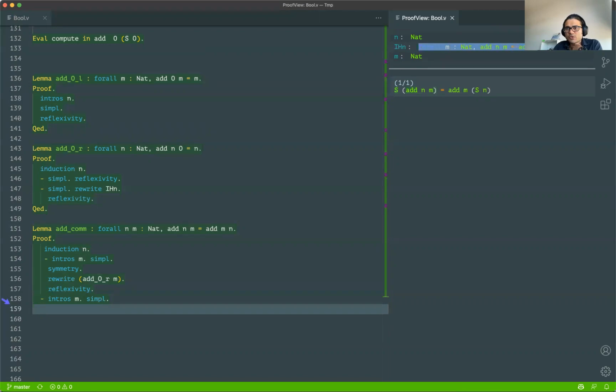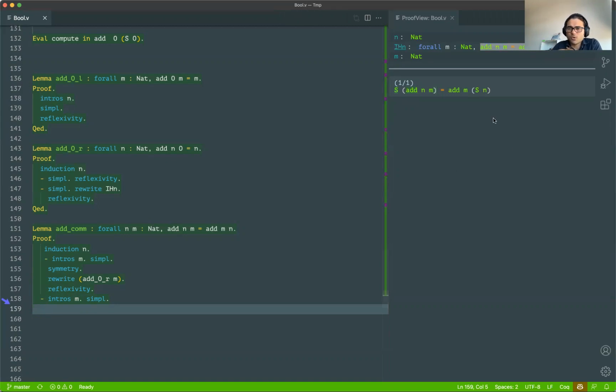It's a dependent type, so you can think of IHN as a function that takes a natural number m and gives you a proof that add n m is equal to add m n, right? So that's what we have in our assumption.